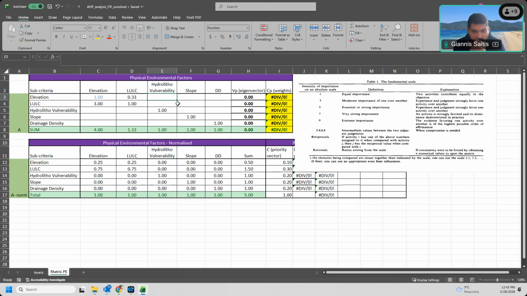This is how you work. Now that we pointed out that the hydrolithological is more important than the elevation, let's fill it in. How much? Moderate, essential, very strong.